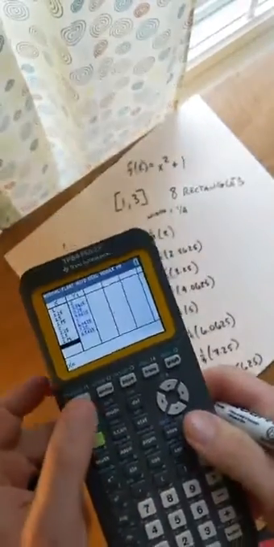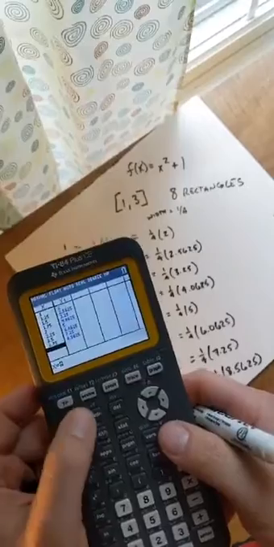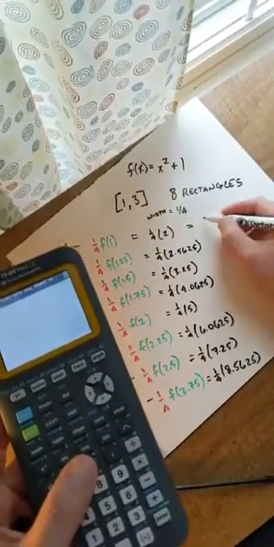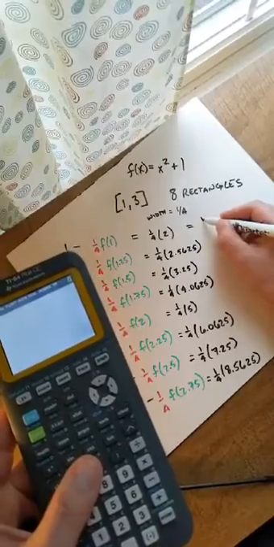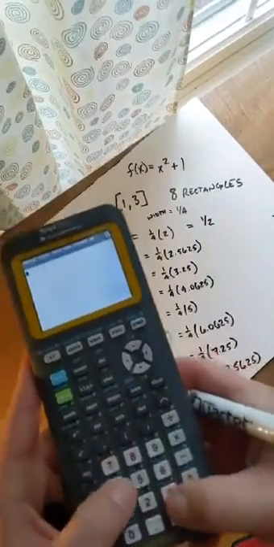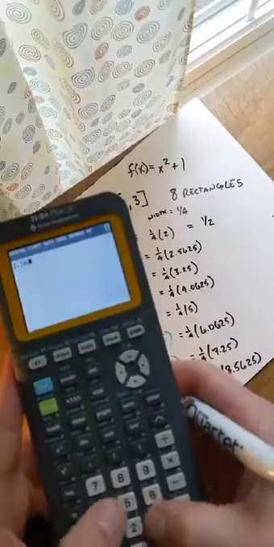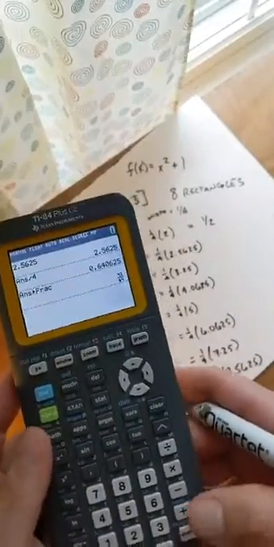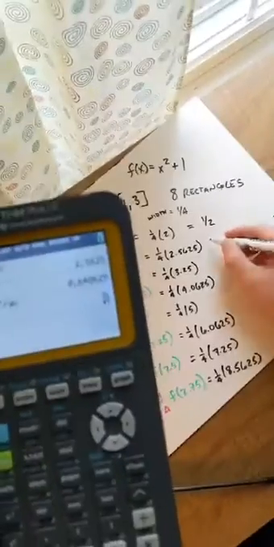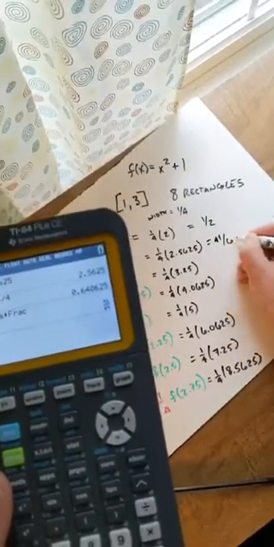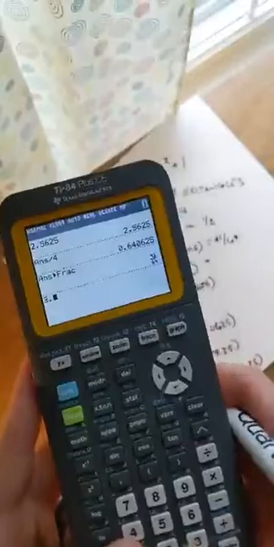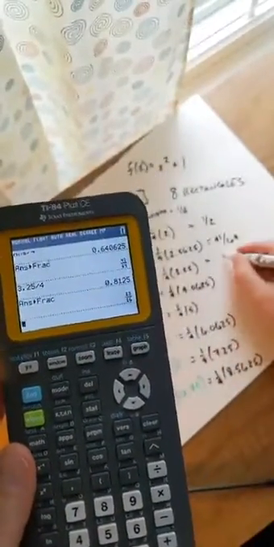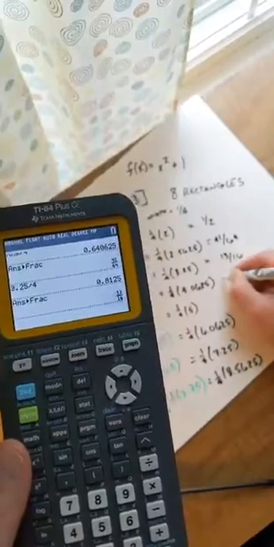Okay, so what we need to do here now is to divide them all by 4. All right, so 2 divided by 4 is 1/2. Then 2.5625 divided by 4. I'm just going to do math, enter, enter. 41/64. All right, 3.25 divided by 4. Math, enter, enter. 13/16.